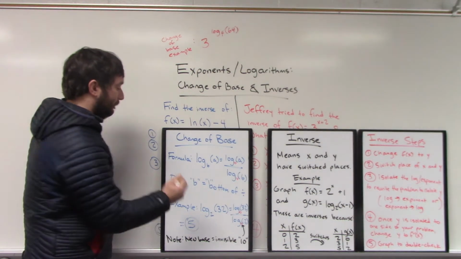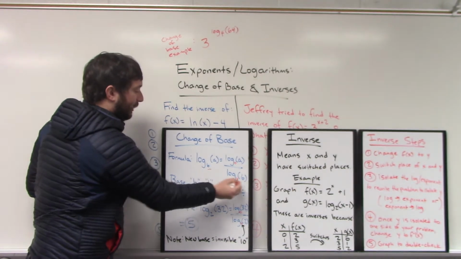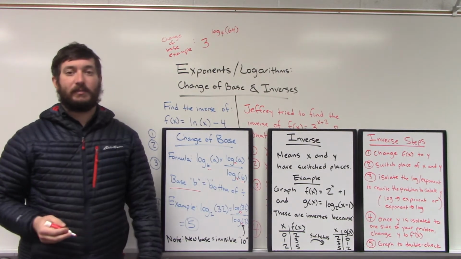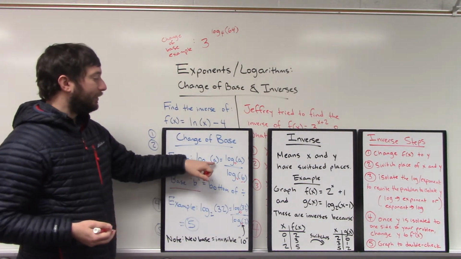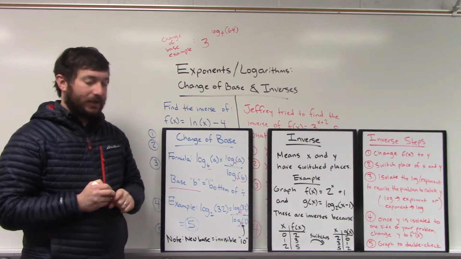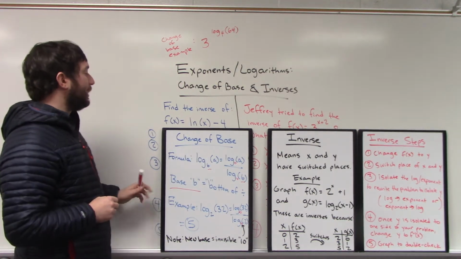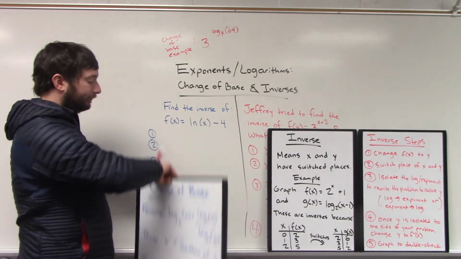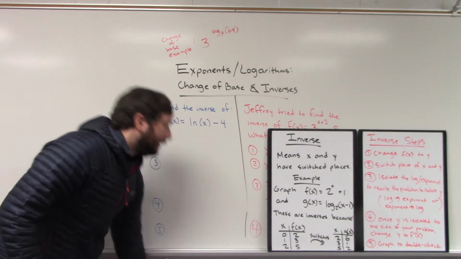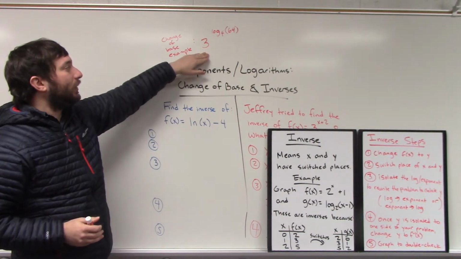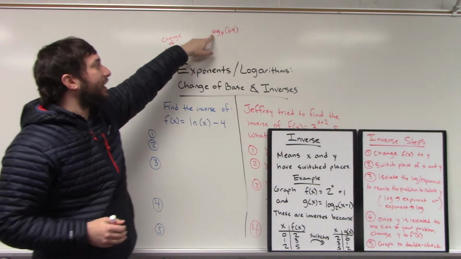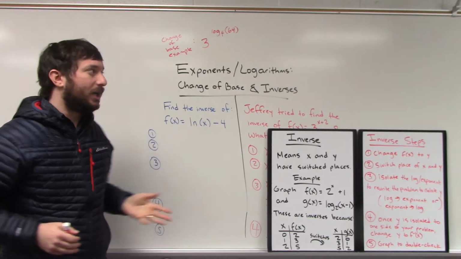Use the change of base formula. Base B, whatever that base is, it goes on the bottom of your logarithm division problem. Whatever other number you have, take the log of that on top. So one more example like this. We can see up top here, we have a 3 and then this exponent. And that exponent is a logarithm.